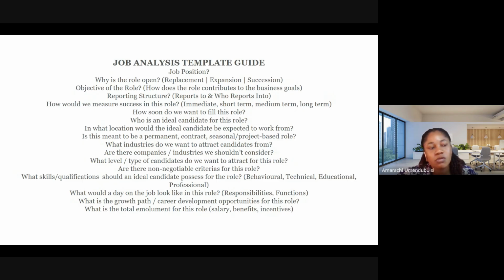Because if you have a role where the team that will report into that role is, say, for example, 10, and the people that you're speaking to have never managed a team, it's going to be chaotic for that person within the first 6 months. People management, as simple as it seems, requires a lot. And someone who doesn't have that mental maturity, by virtue of their experience leading teams before, would struggle in that role.